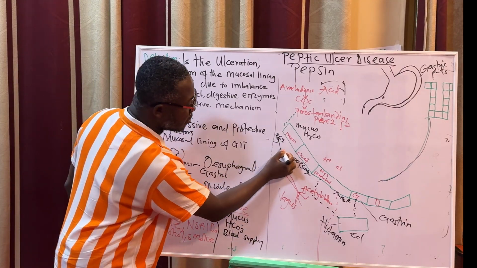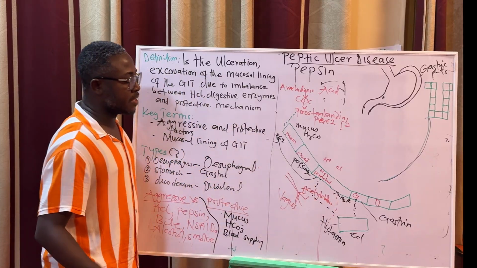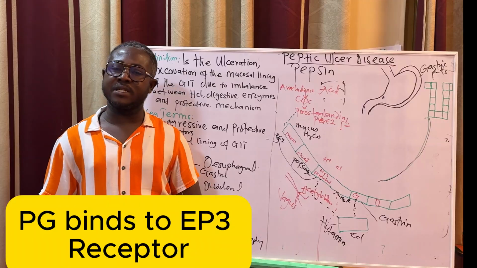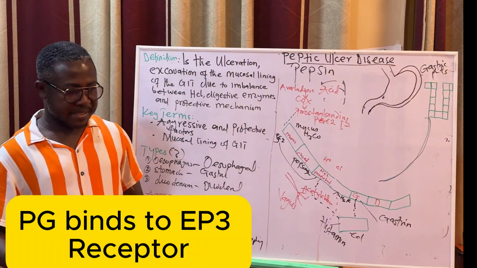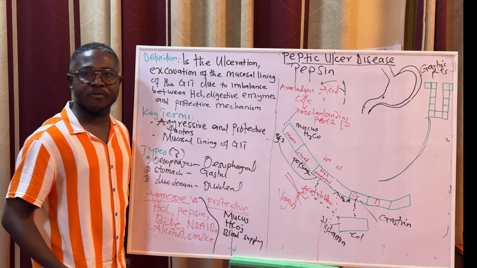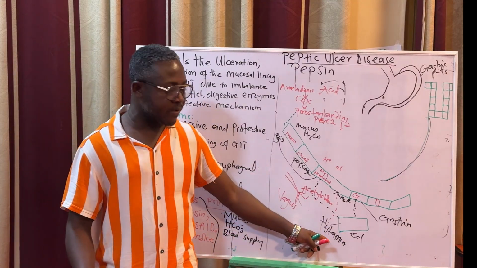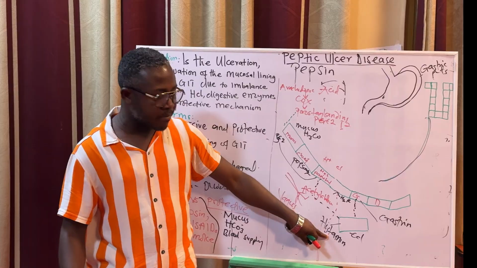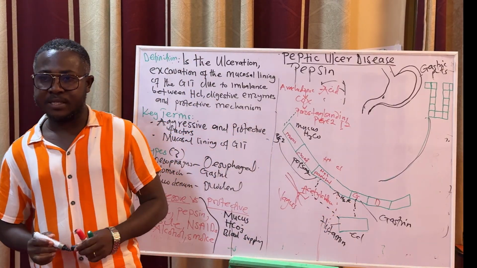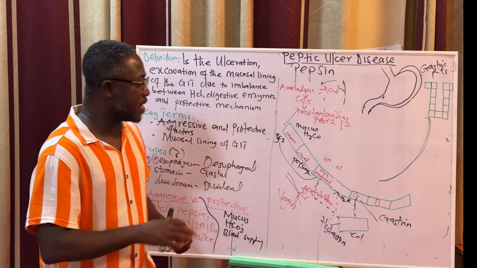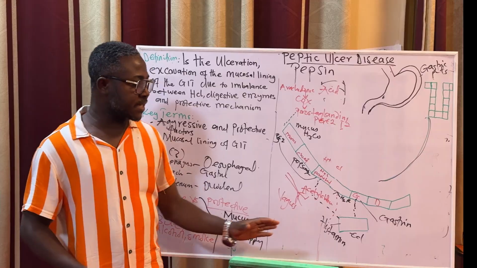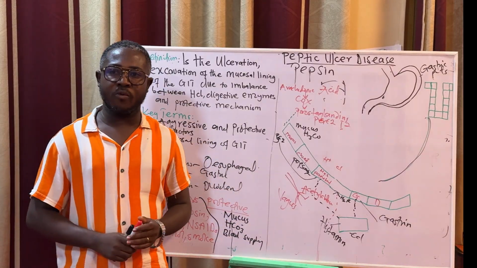So they come and bind to the receptors on the parietal cell to inhibit the parietal cell from secreting or producing hydrochloric acid. In another way, they also bind with the enterochromaffin-like cells to inhibit the release of histamine. And we all know that when histamine is released, it goes and binds with the histamine 2 receptor to stimulate the parietal cell to produce what? Hydrochloric acid. So this is the way the body produces hydrochloric acid and also regulates the hydrochloric acid.